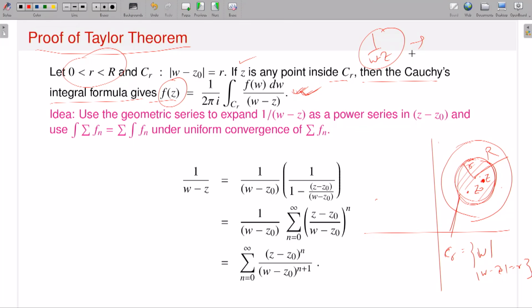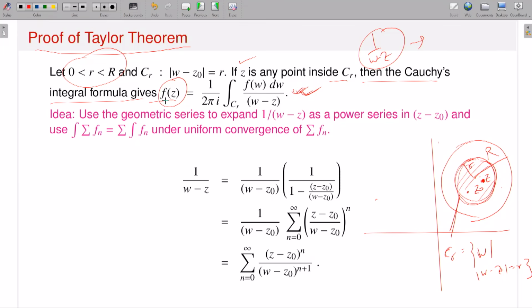I will expand 1 by (w - z) in terms of geometric series expansion, and then I will have integrations. Once I have a geometric expression, I will have an infinite series, and on the left-hand side I will have integrations. The only thing I have to do is see whether I can interchange my summation and integration or not, and in what context. So that is the idea.